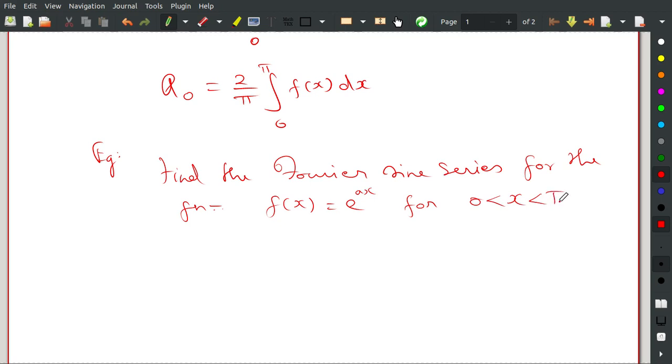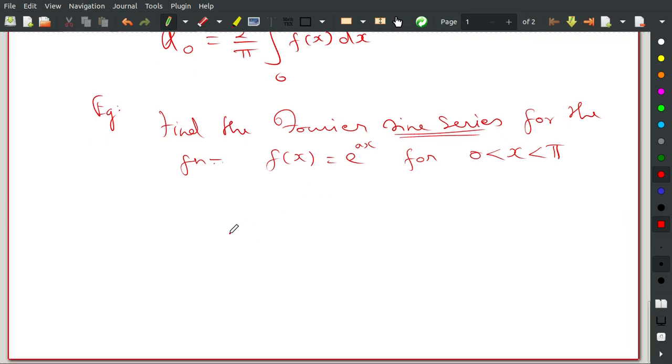Here clearly it is a half range series. They have also asked to find the sine series, so it is nothing but our bn. bn is 2 by pi integral 0 to pi f of x sin nx dx.